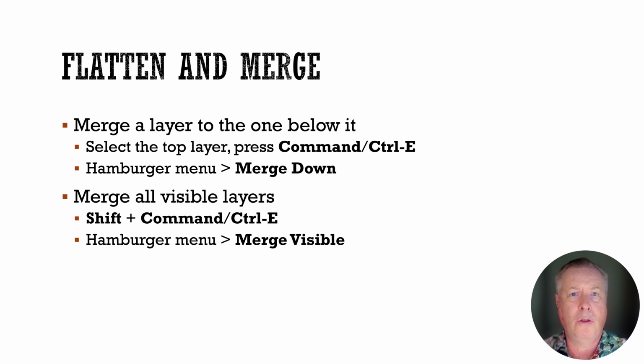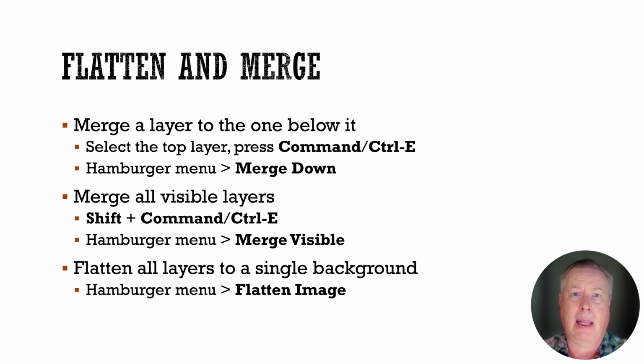If you just want to flatten all the layers, you can go to the hamburger menu from the Layers panel and select Flatten Image. Now, the difference between Merge Visible and Flatten Image is that Flatten Image will create a background image with no transparent pixels. With Merge Visible, provided there is no background in your Layers panel, your image will maintain its transparent pixels.